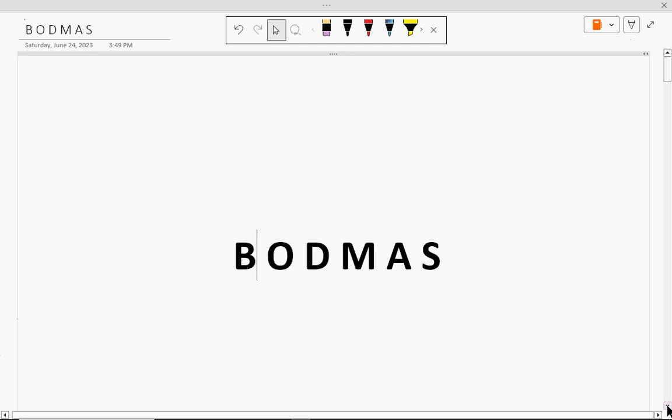Today we are going to discuss BODMAS. BODMAS is an acronym of mathematical operations to be performed in sequence from left to right. This rule was introduced by a mathematician called Achilles Rizalfeld.